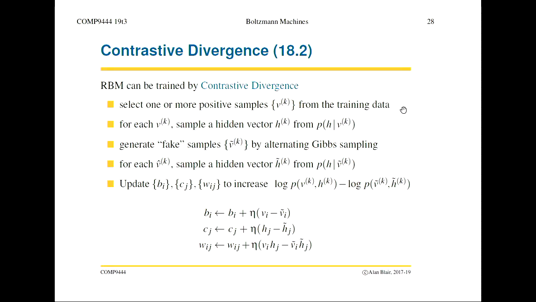Right, so this is the contrastive divergence. We select one or more positive examples. When I say one or more, this is to take advantage of the parallelism. For each real image, we sample a hidden vector according to that probability distribution, and then we go from the hidden back to the visible, and hidden, visible, hidden, visible.